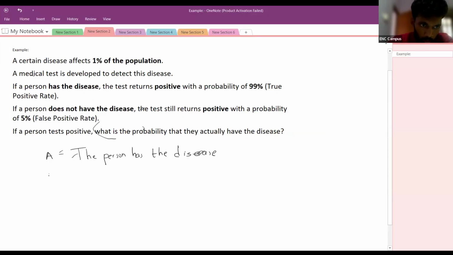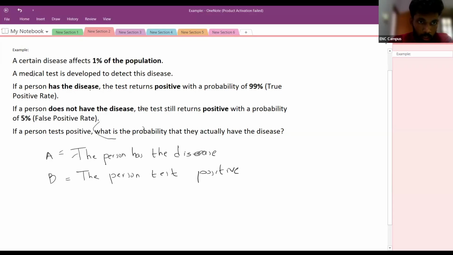Then let's take the event B as the person tests positive, right?